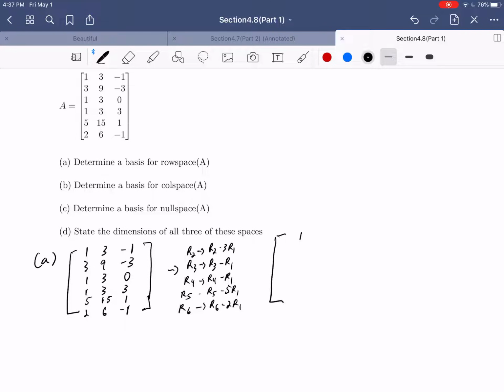So we do all that, and we get 1, 3, minus 1. Then we get 0, 0, 0. Then we get 0, 0, and 0 minus negative 1, so 1. Then 0, 0, and 3 minus negative 1, so 4.